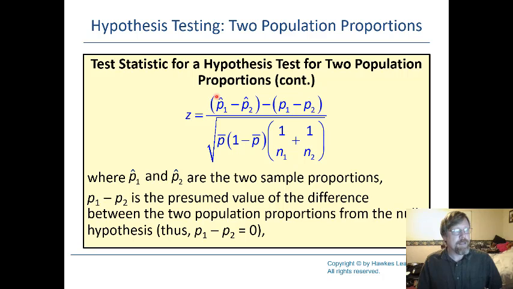We've got the difference in the sample proportions minus the difference between the presumed population proportions that we would use in our hypotheses. And we've got sample size down here, and we've got this weighted estimate of the common population proportion, which we'll define in just a moment. It shows up right down here.